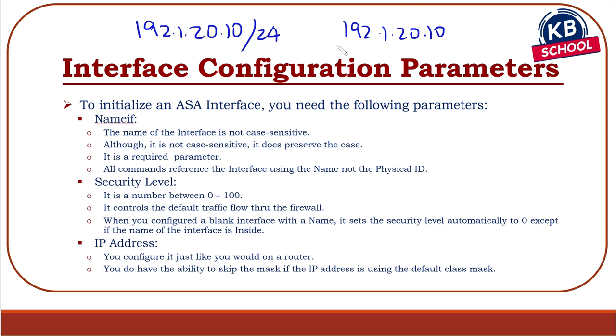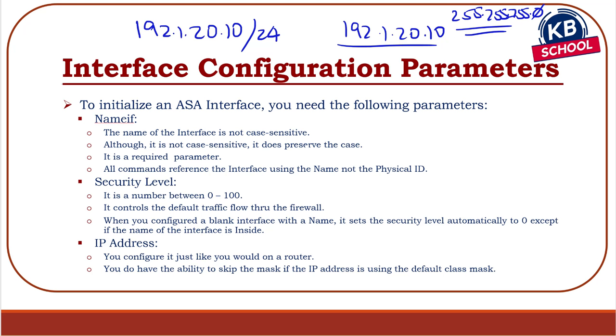I can if I want to, but I really don't need to. If I put 192.1.20.10, it sees it as a class C network. If you haven't put the mask in, it automatically puts the default mask for class C, so it'll be 255.255.255.0, and you will see it under your running config.